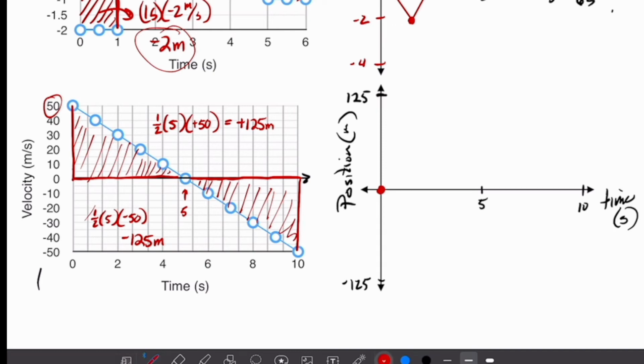But I am going to say, all right, at 5 seconds, I was 125 meters away. Now, from here, I have to figure out where I am after the next 5 seconds, and I'm supposed to go backwards 125 meters. So, looks like my next dot's going to be down there at the origin again.